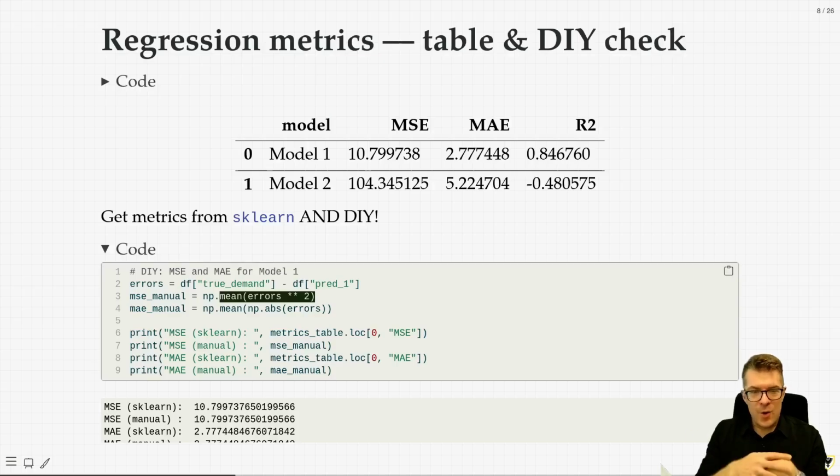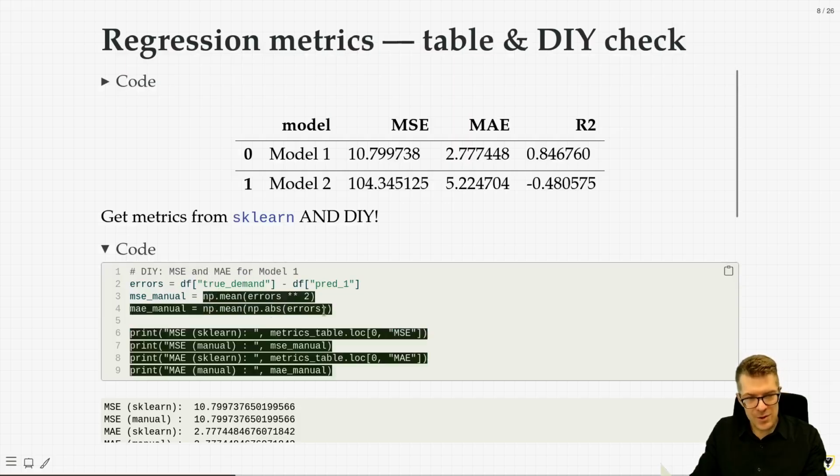On the other hand, maybe we are calling sklearn correctly somehow, maybe by accident, but maybe our understanding of what mean squared error and mean absolute error are is incorrect. So we want to implement that ourselves just to make sure that we conceive of these concepts, simple as they are, correctly. So we go ahead and do this exercise, lines 3 and 4.